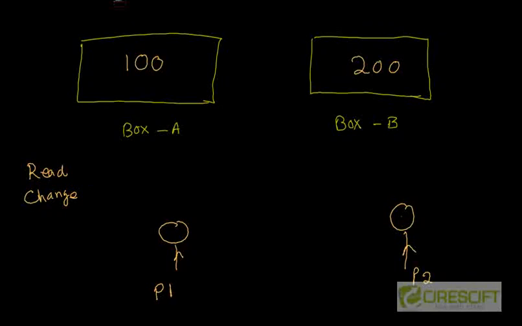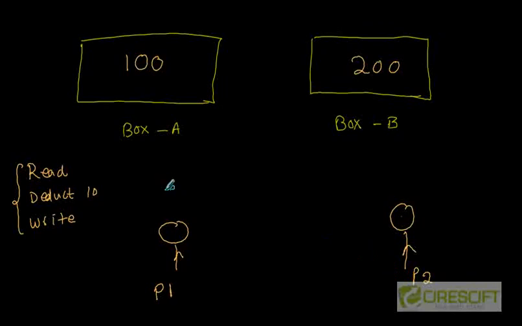So the first step is read, then deduct 10 from whatever you read, and then write the final amount. So this is three instructions that I have given to P1 and P2.